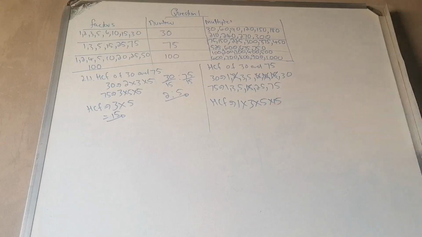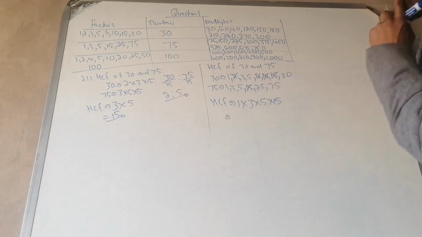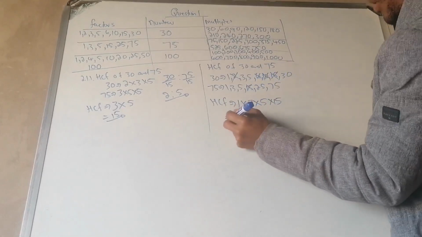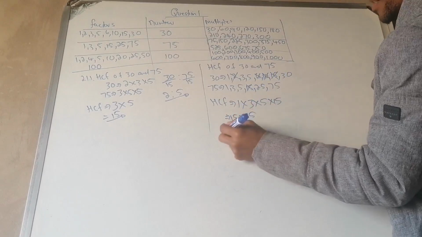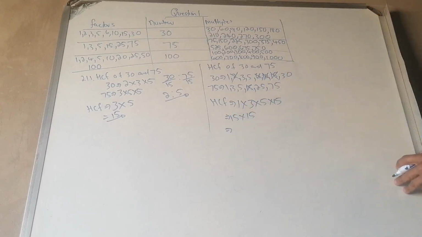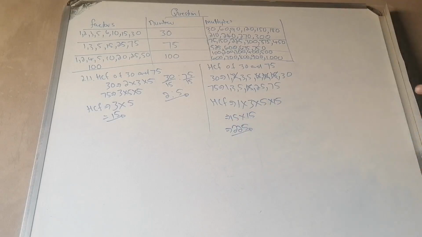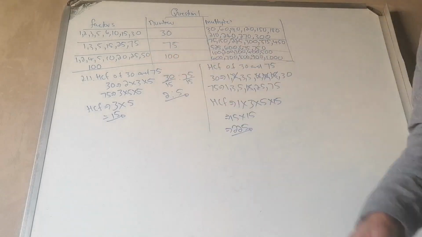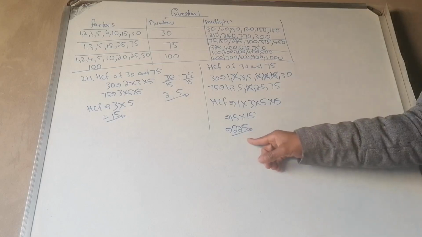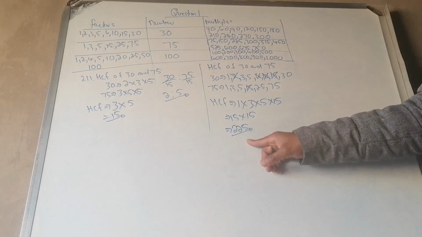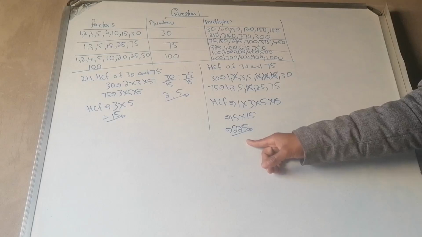But now, see the danger. What is 15 multiplied by 15? 225. Can 225 be the highest common factor of 30 and 75? It's even bigger than those two numbers combined, so it will never be a highest common factor.